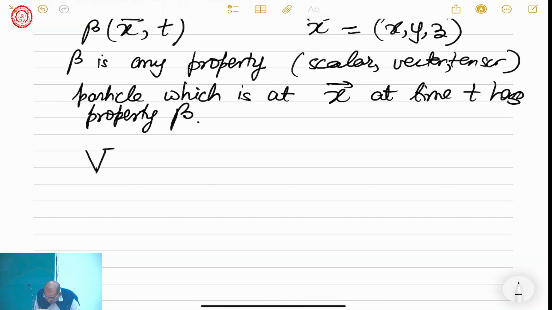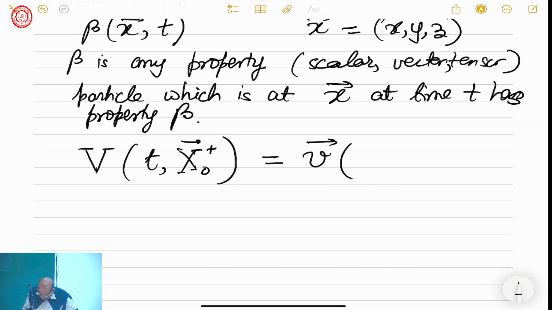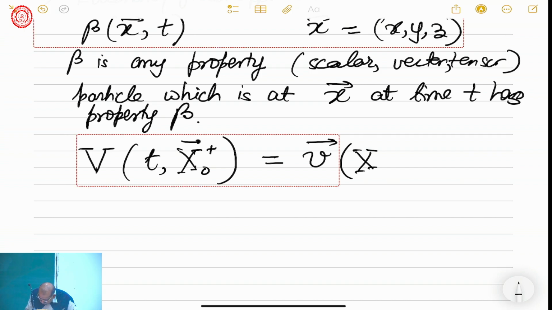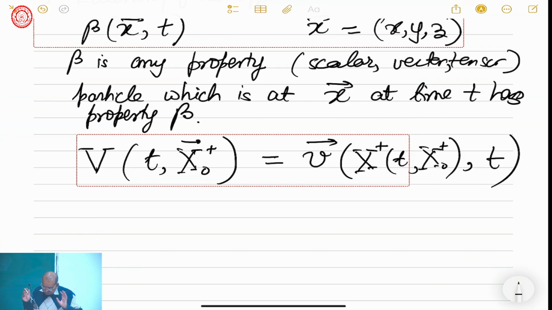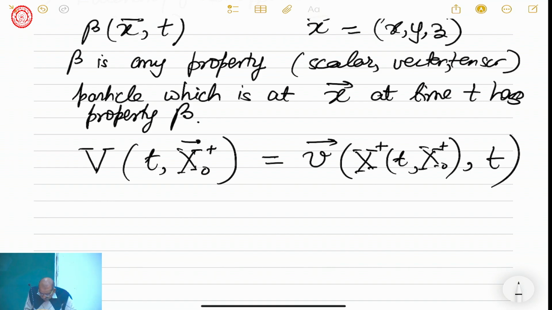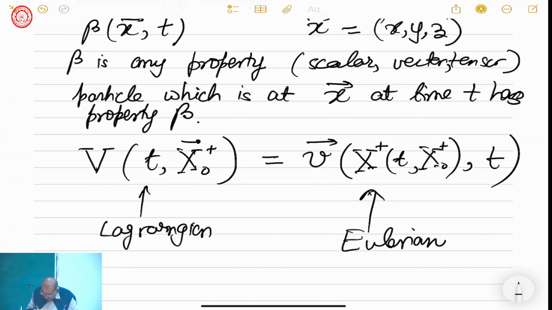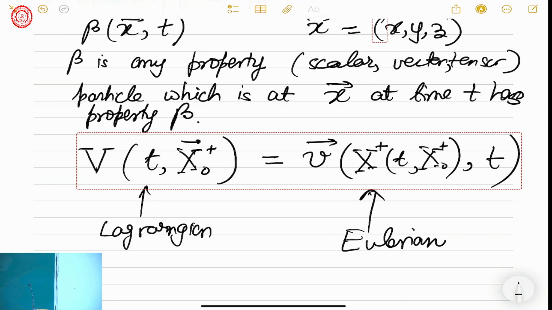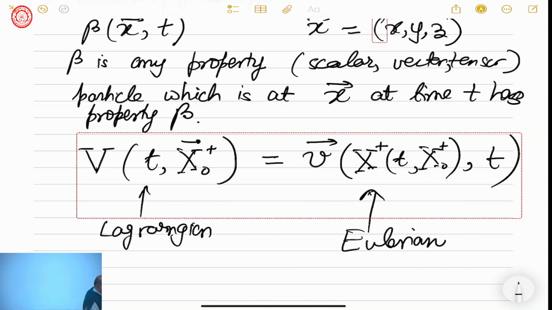For example, if I look at the velocity v of a particular particle at time t, when I say particular particle, it is x0 plus.